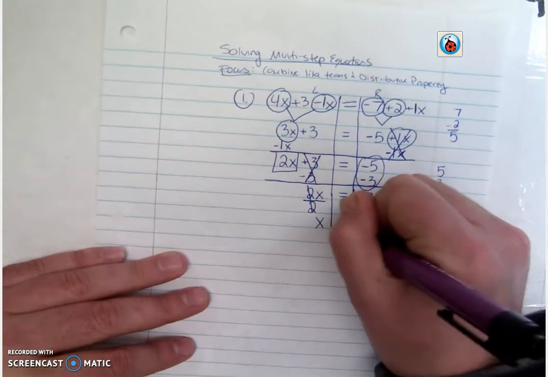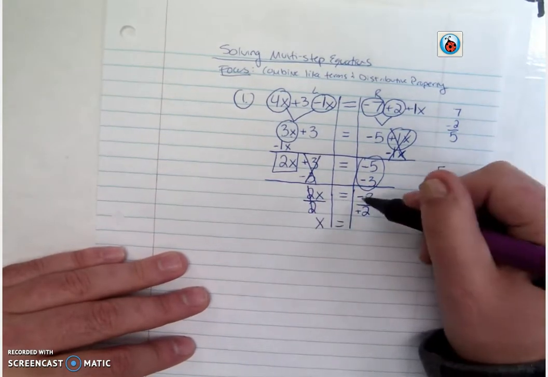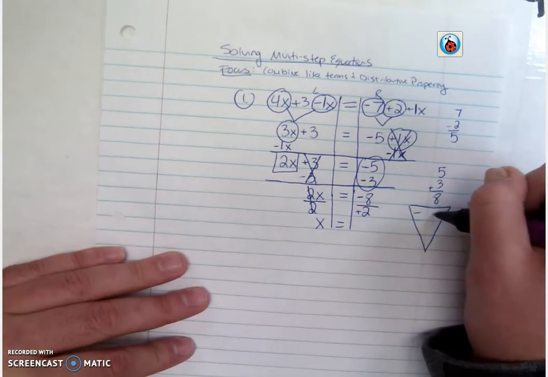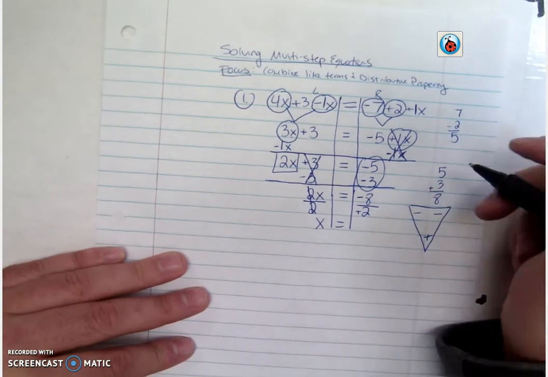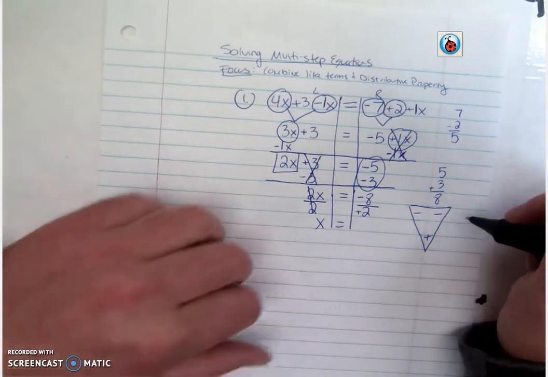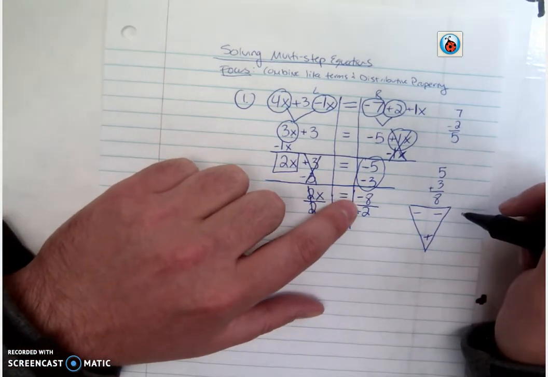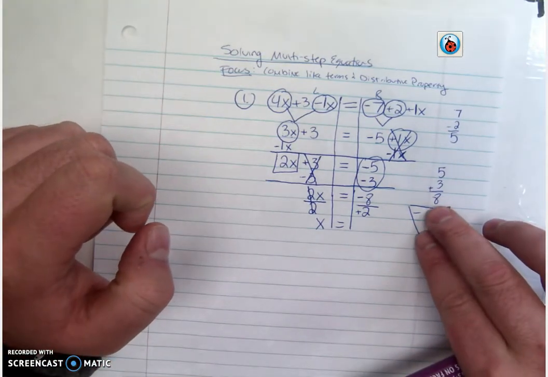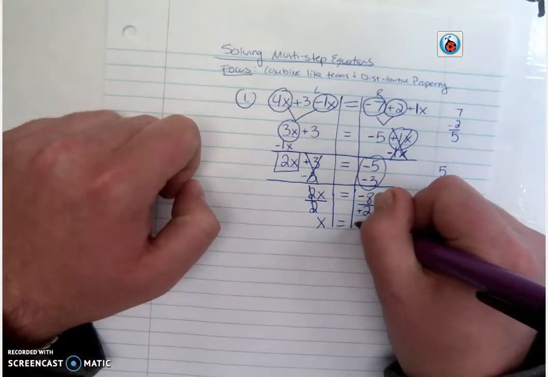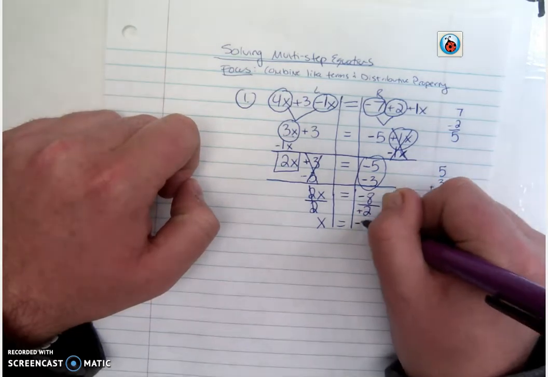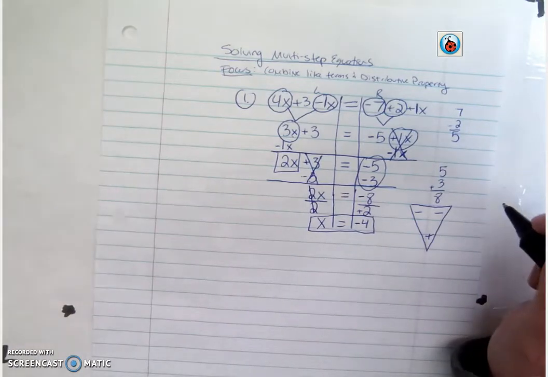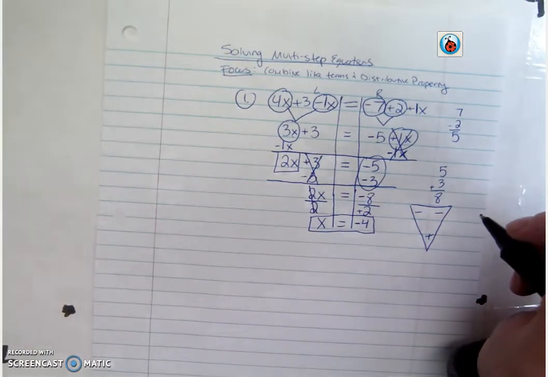So x equals, so now again we have a situation here where if you're not good with integers, multiplying and dividing them, you can use the triangle. We have a negative divided by a positive. So let's cover those up, negative and positive, and we're left with a negative. And then 8 divided by 2 is a 4. So now we have x equals negative 4 for our answer.